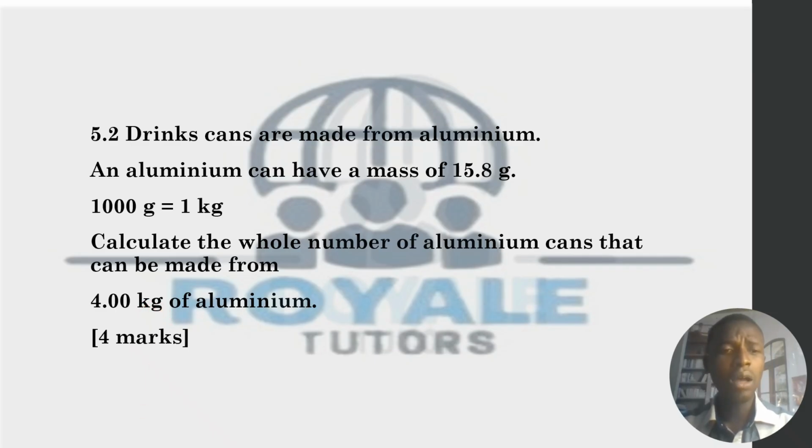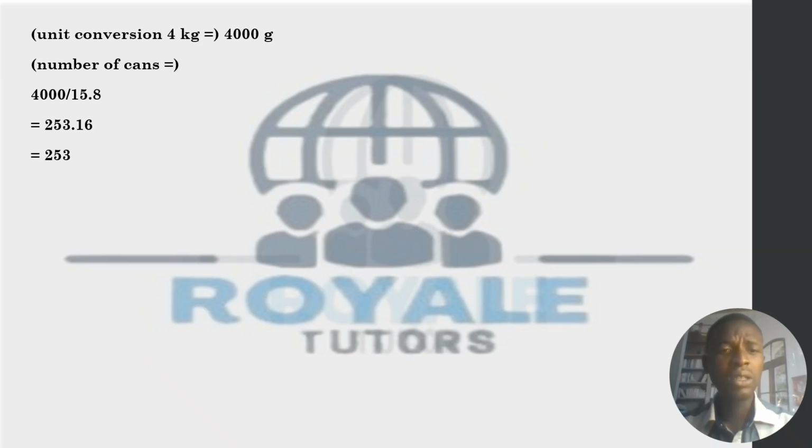Solving it, first and foremost, we need to convert the 4 kilograms to grams. Don't forget that 1,000 grams make a kilogram. So we multiply 4 by 1,000, which gives us 4,000 grams.